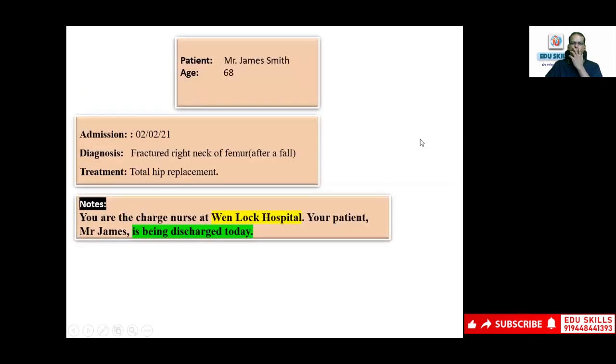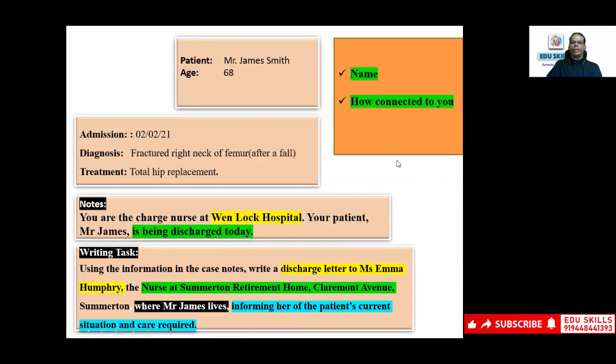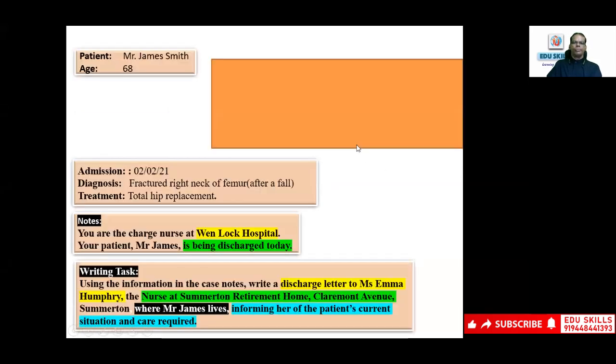These are the 4 areas where you find the details required to write your introductory paragraph: the beginning, then admission or diagnosis and treatment, then the notes, then the writing task. Based on this, you identify the name, how connected to you, and why you are writing. That is the gist of the introduction.